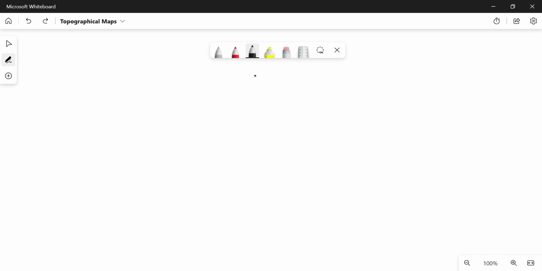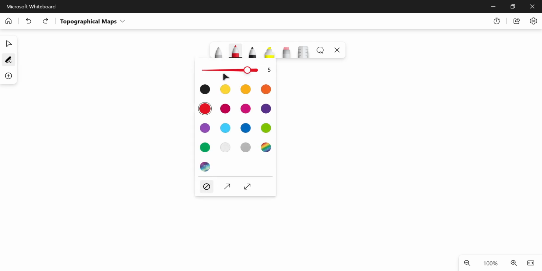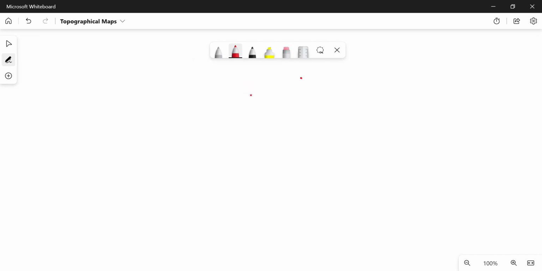So the lines that run vertically are called the eastings. The lines which I am going to be showing you, these are called eastings, and these are called northings.